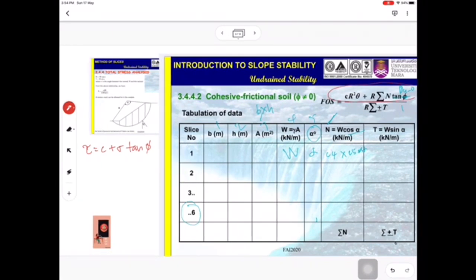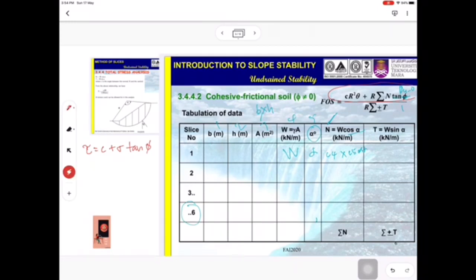Okay, so why is there R here, R squared, and R here? Because R is the distance of the force, so that's why we times this R. So both sides are here, so R squared.